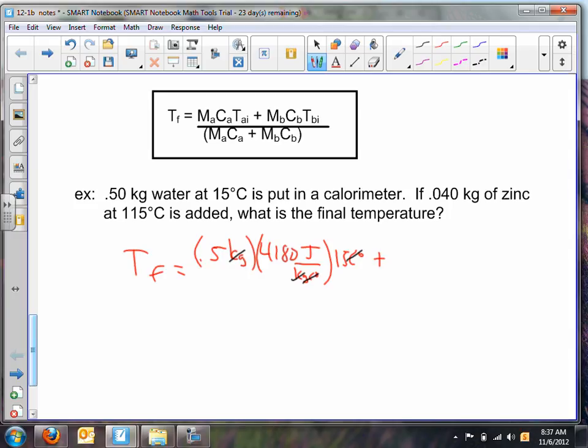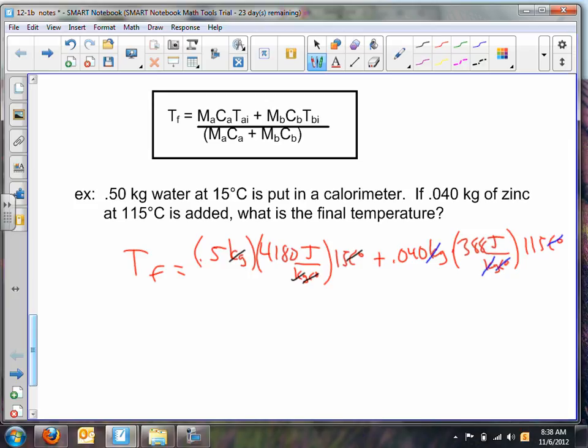Plus the mass of the zinc, 0.040 kilograms. Now we need to look up zinc's specific heat, and that's found on page 279. It looks like it's 388 joules per kilogram Celsius degree, and its initial temperature was 115 Celsius degrees. So again, everything cancels out.